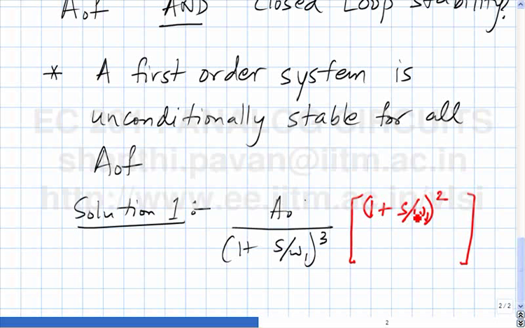Is it possible to just realize a pure zero without a pole? One thing you can see is that the gain of this becomes infinite at infinite frequencies. I should tell you something is fishy. Anyway, it turns out that you cannot realize a zero without a pole. So the only thing you can do is, for example, if you want to do this, you must be able to do something like this.